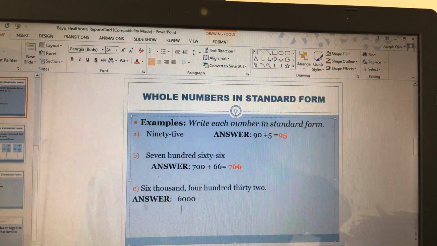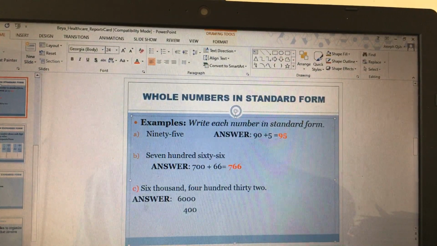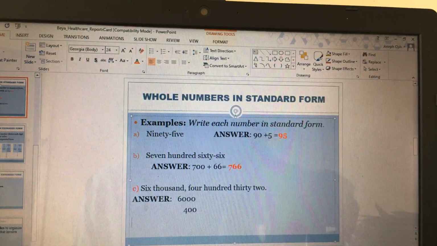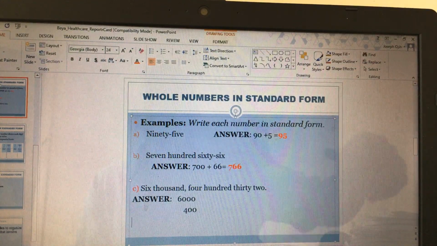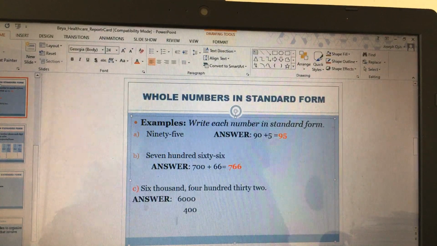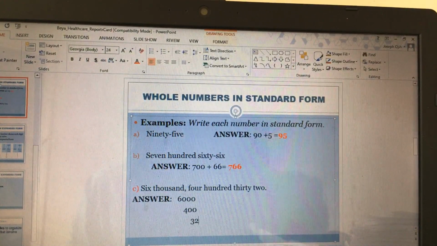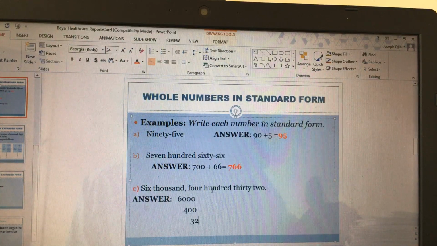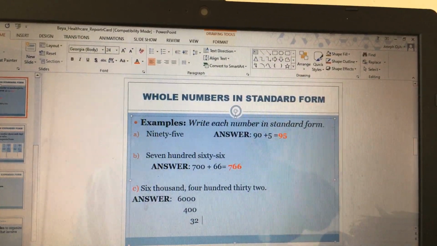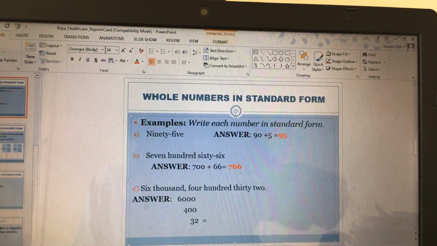So I'm going to write 400. Okay. And last is 32. So I'm going to write here 32. We add all of them together. That will give us 6,000.